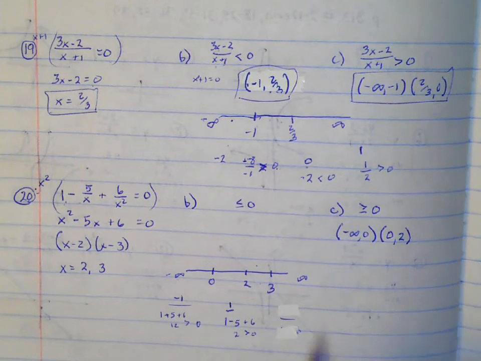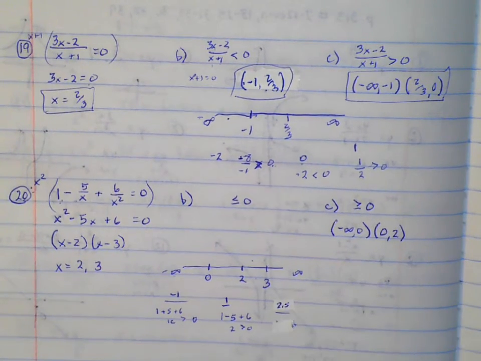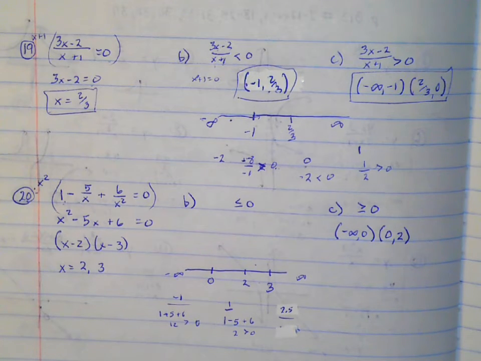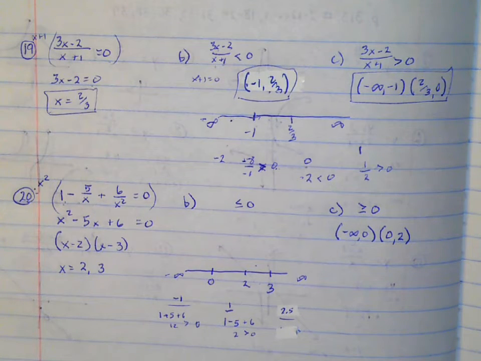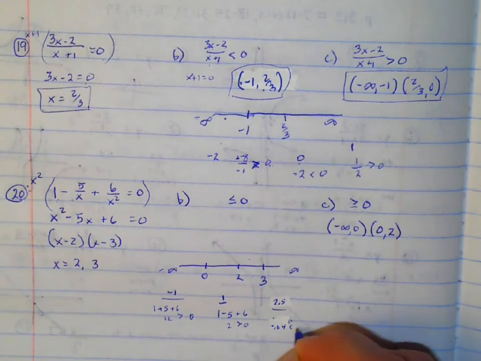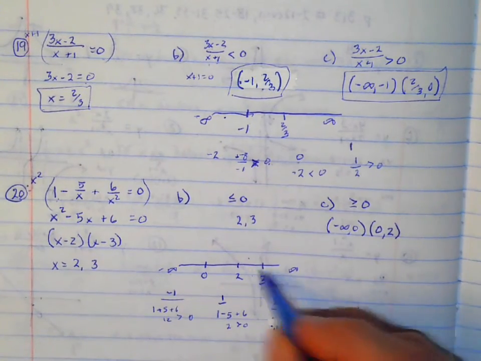Sorry once again, a number between here and here is not 1.5, it's 2.5. And if you plug 2.5 into that equation, you get -0.04, which is going to be less than 0. So between 2 and 3, it's going to be less than 0.